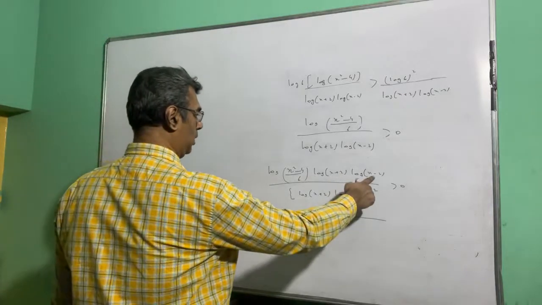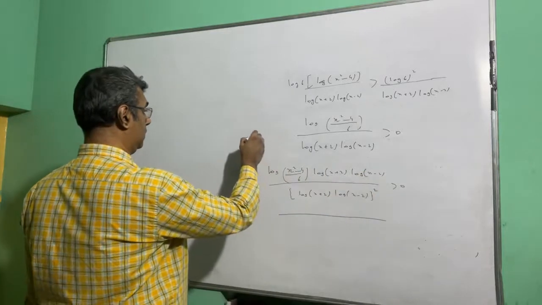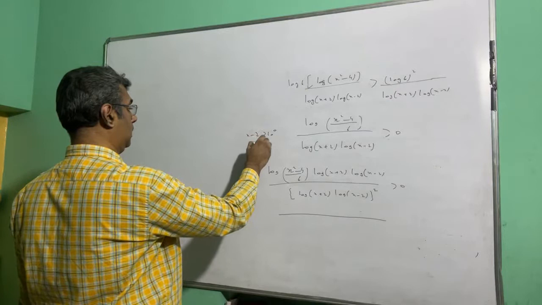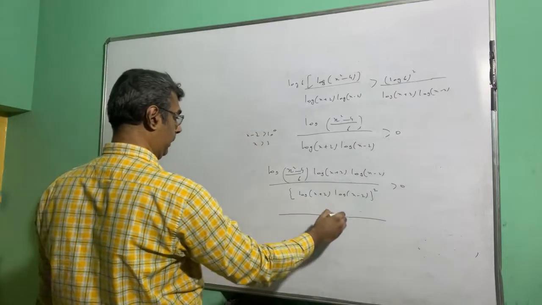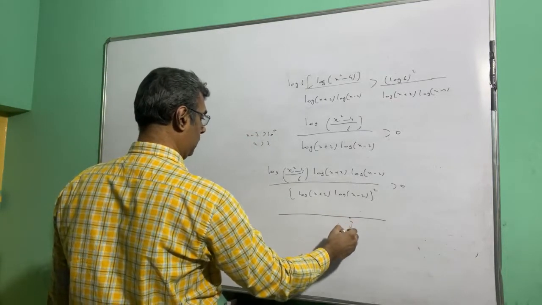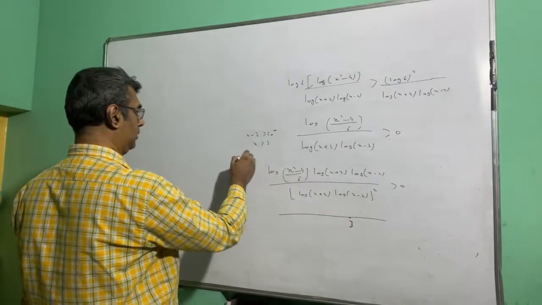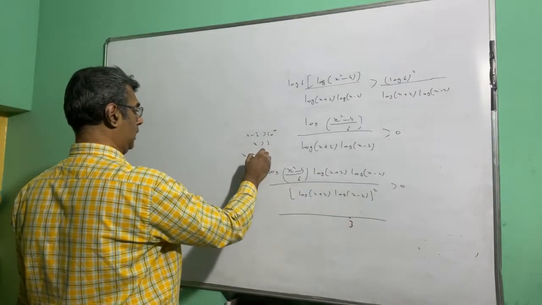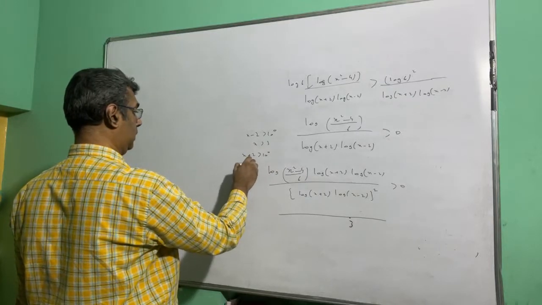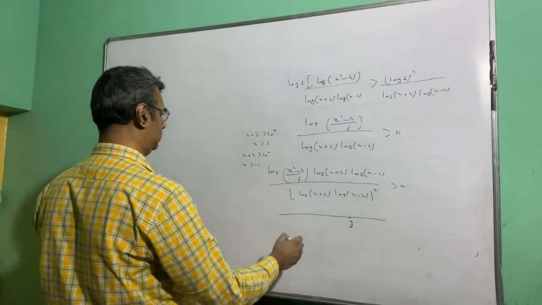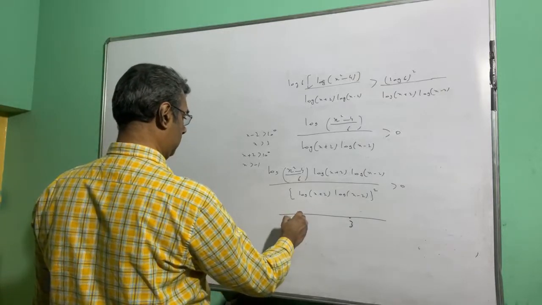So suppose log x minus 2 is positive, that means x minus 2 is greater than 10 to the power 0. So x is greater than 3. Okay, suppose log x plus 2 is positive, so x plus 2 is greater than 10 to the power 0, so x is greater than minus 1.